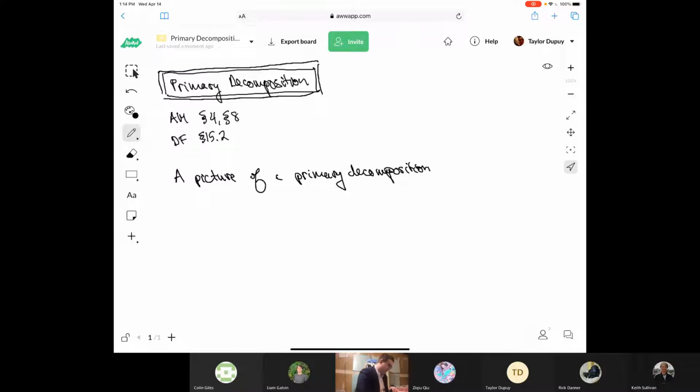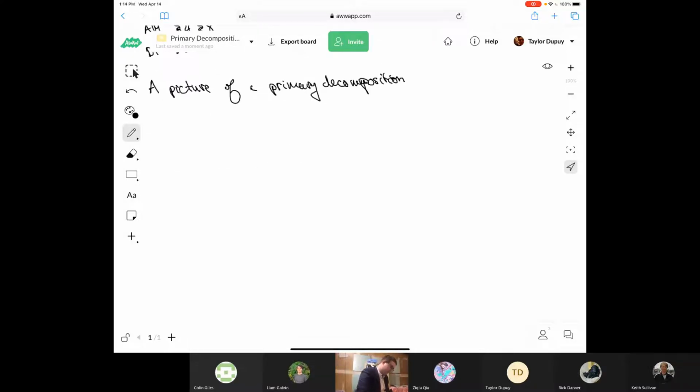Here I'm going to draw the x-axis and the y-axis, and then I'm going to draw a fat point here.